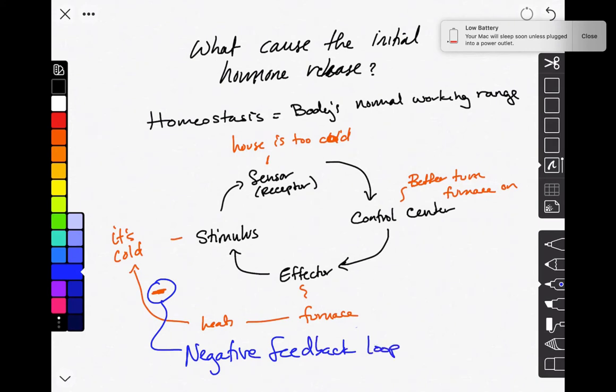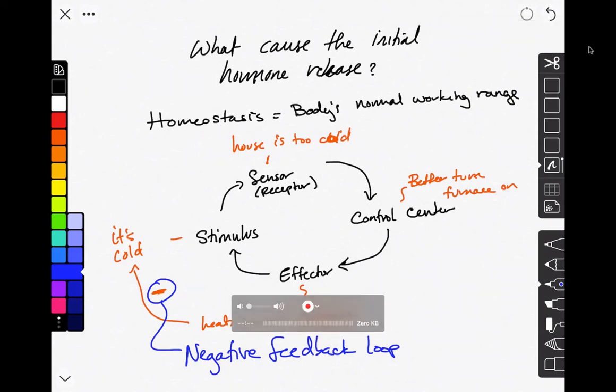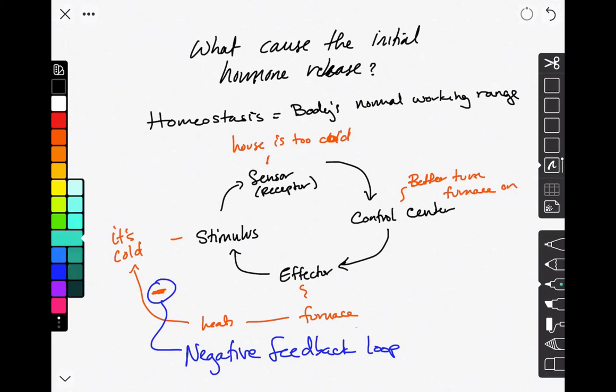And it turns out that all things homeostatic are monitored and controlled by negative feedback loops, because the whole goal of a negative feedback loop is to bring things back to the norm. Now, let's imagine a different stimulus. Let's pretend now, instead of your house being too cold, that it's summertime and your house is too hot.